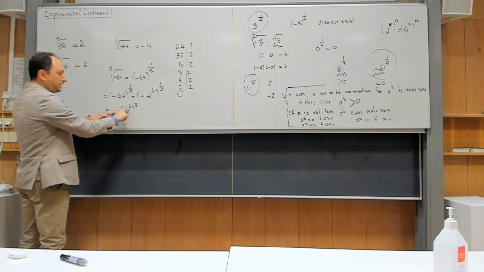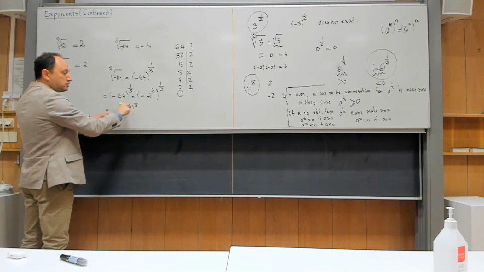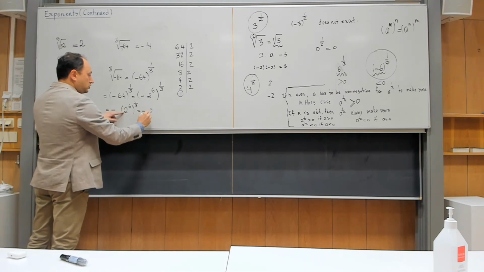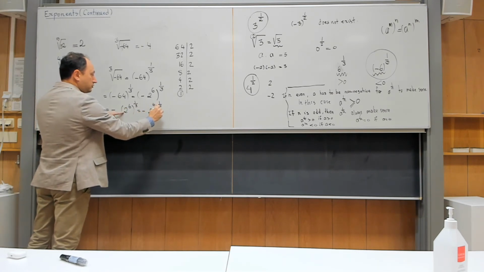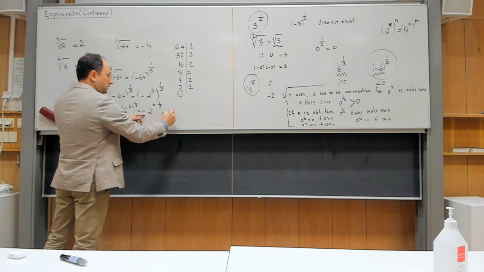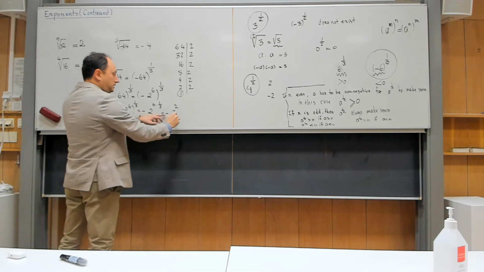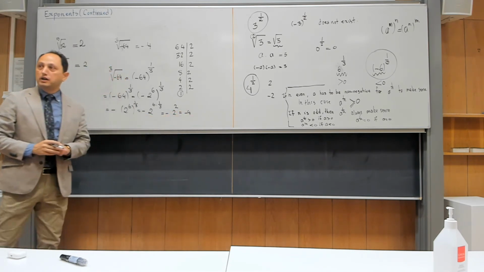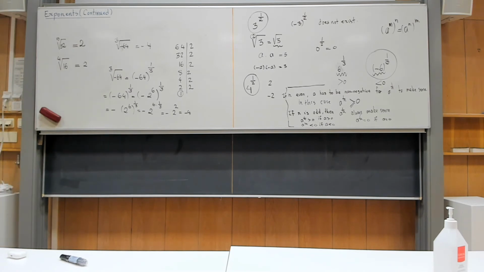But then I told you that whatever rule we had before, we also can use it here. So what's the answer? This would be 2 to the power of 6 times 1 over 3. 6 times 1 over 3 is what? 2. And then this becomes what? 4. And I have a negative sign here. It's minus 4. So is that understandable?